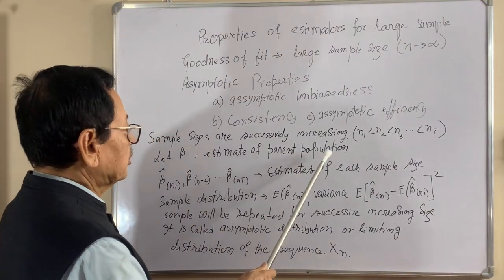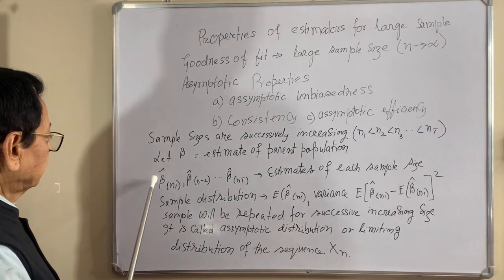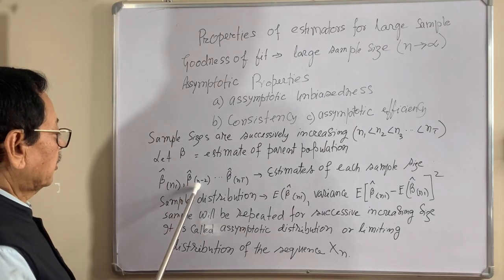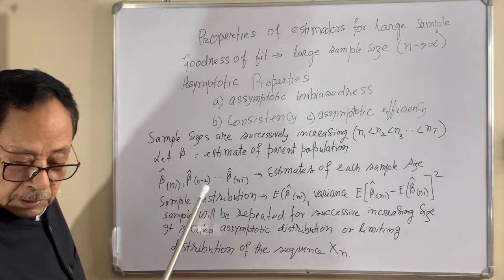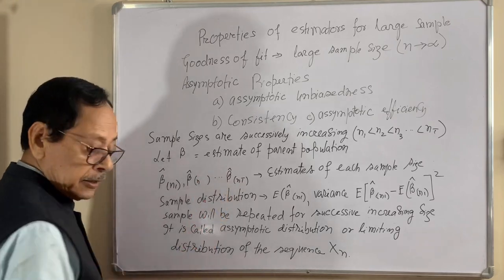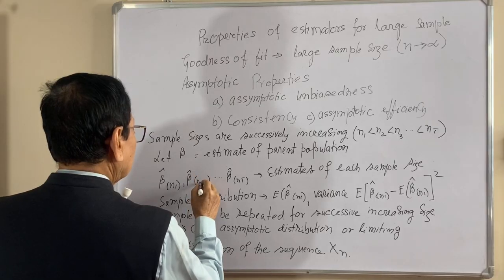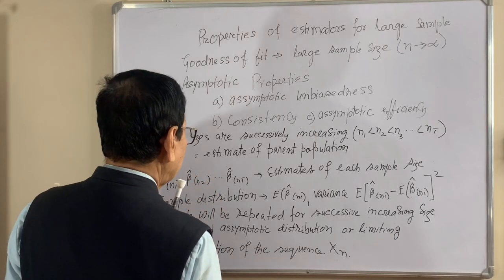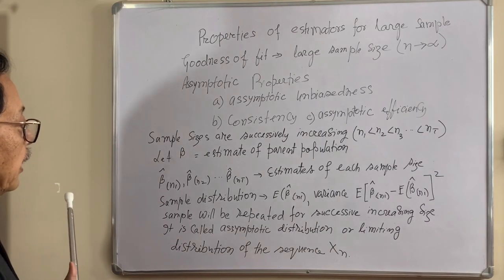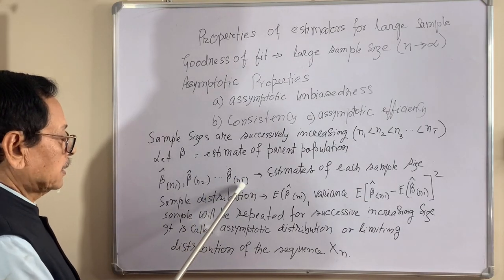So the parent population estimate is beta, and we estimate beta for the N1 sample, then beta for the N2 sample, and so on, and beta for Nt, for N number and T samples.